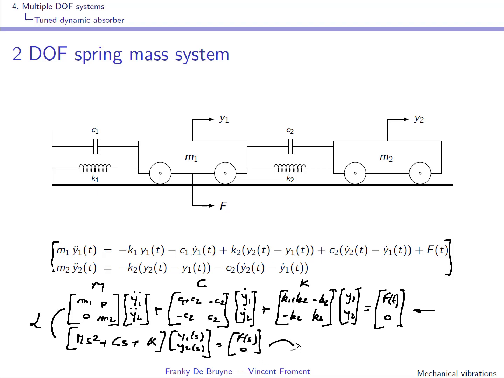And now we can obtain the transfer functions: Y1(s), Y2(s) is equal to this matrix here, inverse, times F(s) and 0. Since it's a 2 by 2 matrix, this inverse is quite easy to compute.